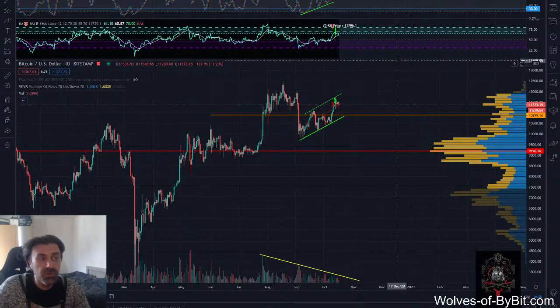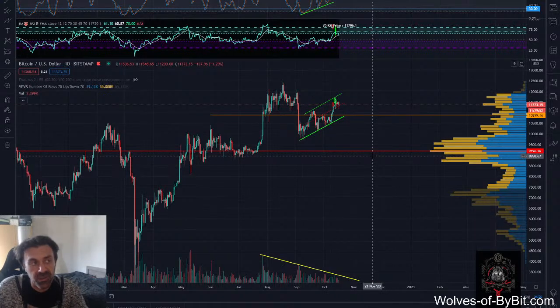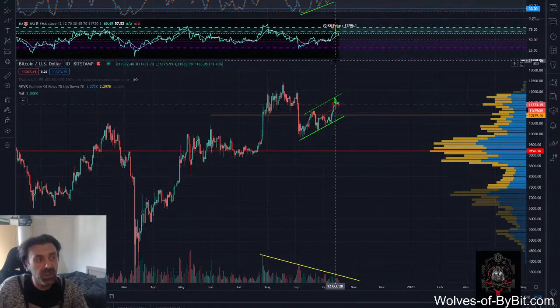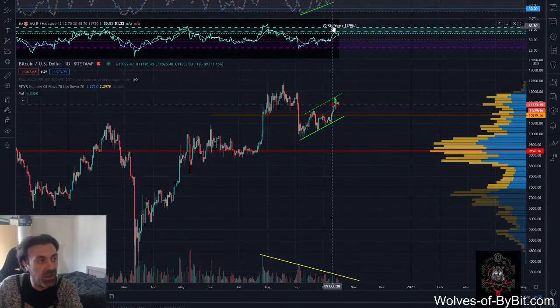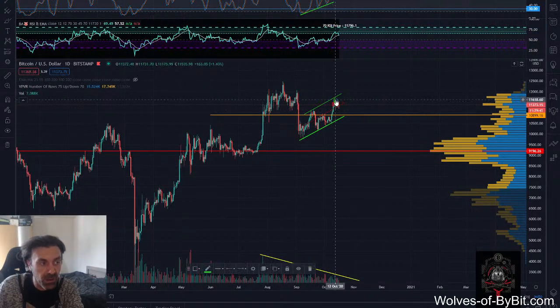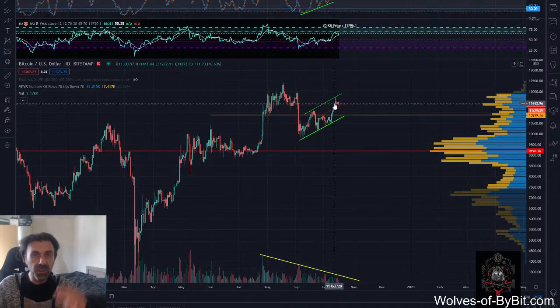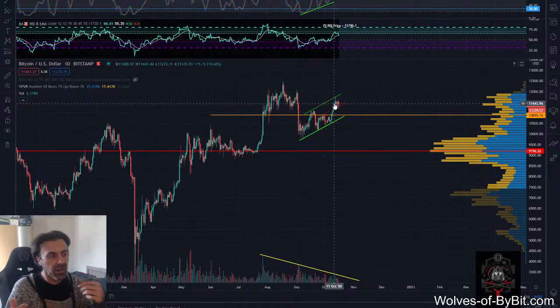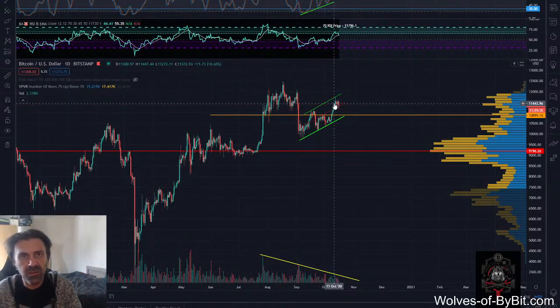It could be to the upside, it could be to the downside. Both are equally valid. An expected breakout is not an expected direction, you know, but you can feel it coming. Just like when you're putting your hand on the ground and the train is closing in, you can feel it coming. Something big is coming.